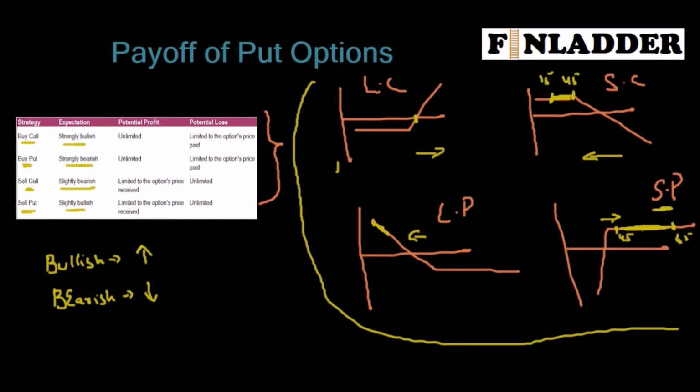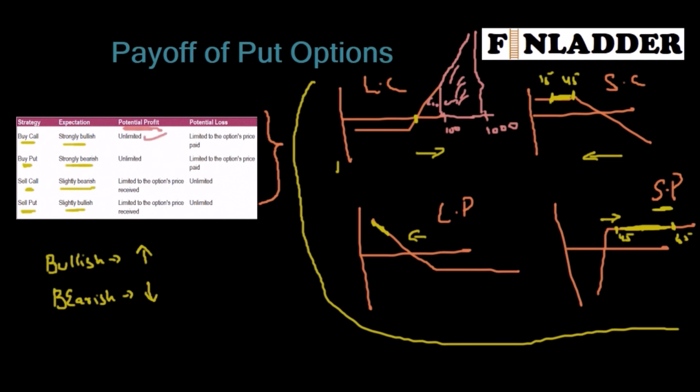Now we come to the point of potential profit. In buying a call, a profit could be unlimited. So at 100 our profit could be this amount, at 1000 we'll make a bigger amount of profit. So unlimited profit.